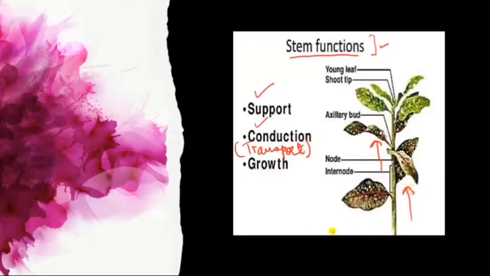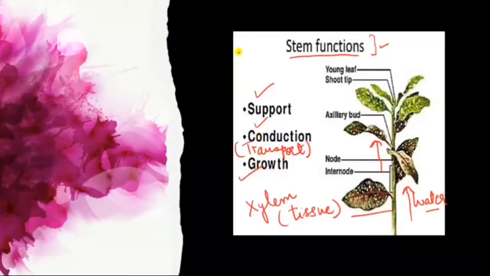This upward conduction of water is done through the stem, which has special cells, special tissues called xylem tissues. These tissues are helpful in moving water in the upward direction. Clear?